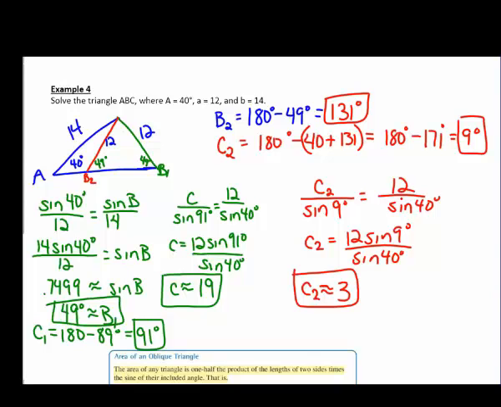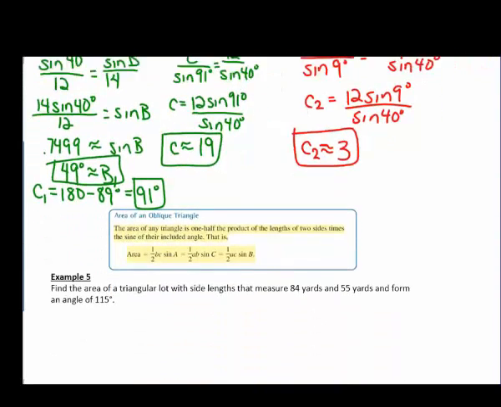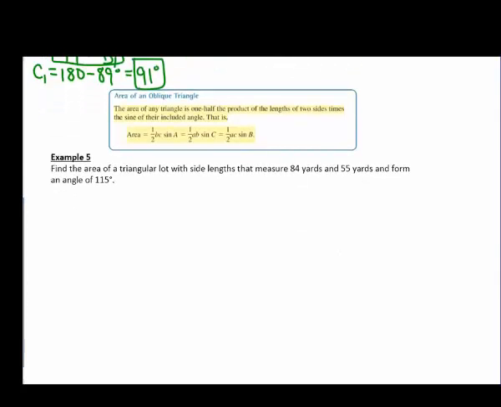All right, let's take a look at the last example. We can find the area of an oblique triangle by using a formula that has been derived using the formula for the area of a triangle and your sine ratio. And so we can find the area of a triangular lot with side lengths that measure 84 yards and 55 yards and form an angle of 115 degrees.